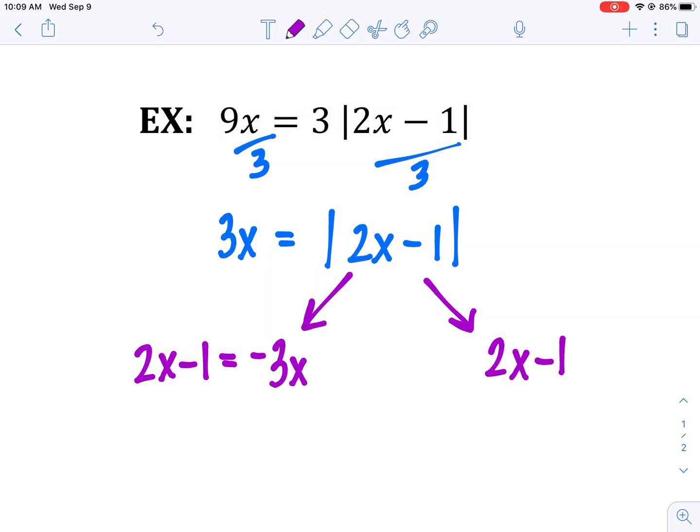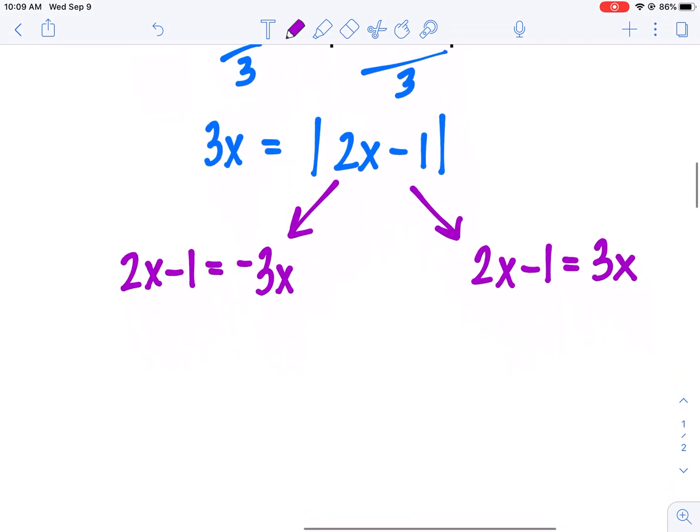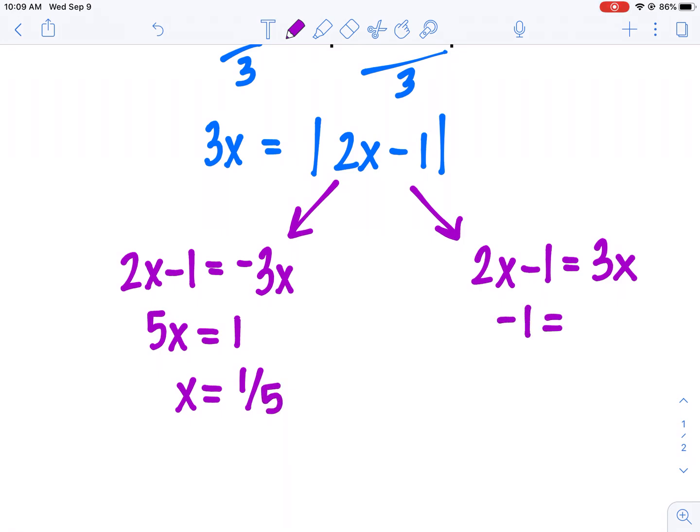And the 2x minus 1 could equal positive 3x. Solving these, I would get 5x equals 1. X would equal 1/5. Solving here, I would get negative 1 equals x. So I like to just always rewrite it like that.